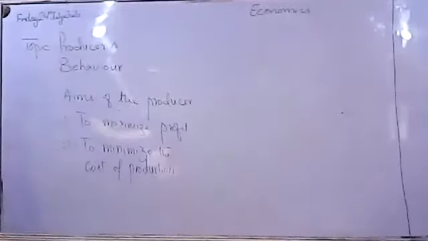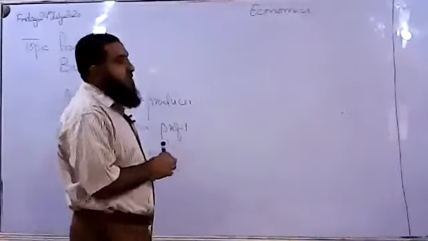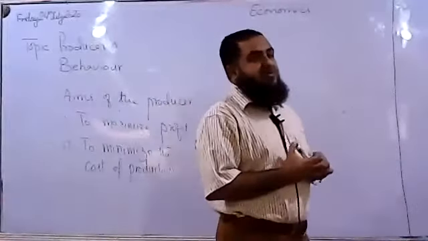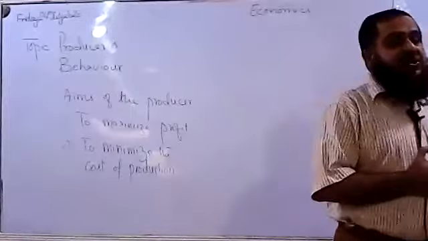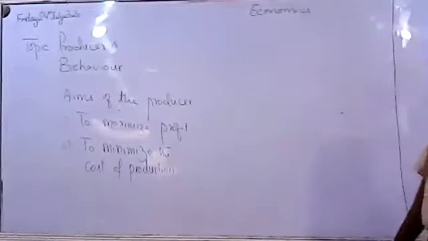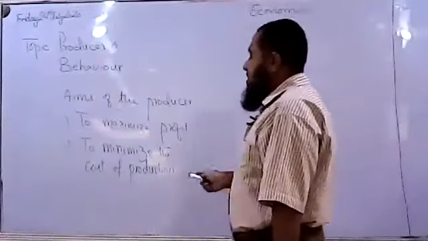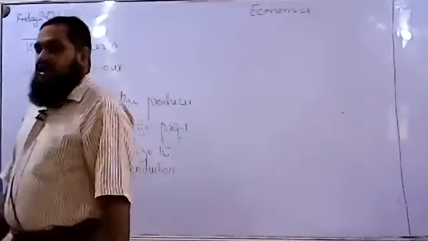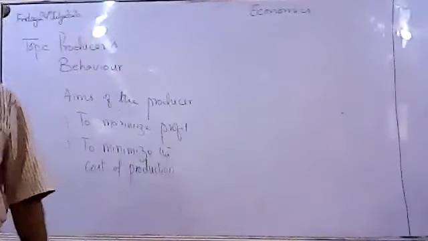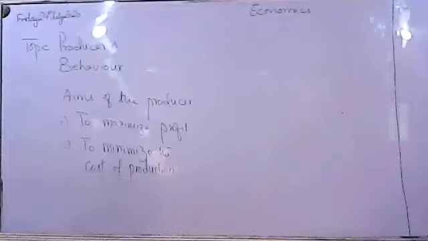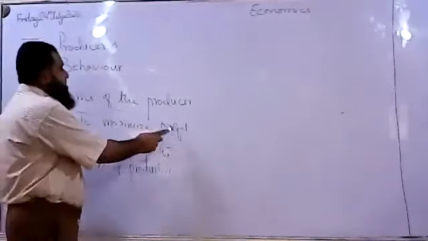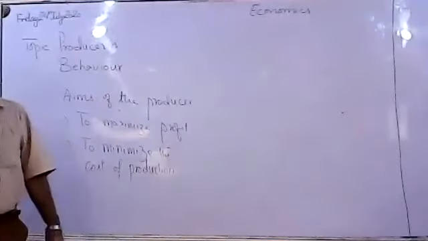definitely his gap between total revenue and total cost will be maximized, and his aim of profit maximization can be achieved if and only if he is able to minimize the cost of production. And if he is unable to minimize or control the cost of production, then he cannot maximize the profit of his economic activity.